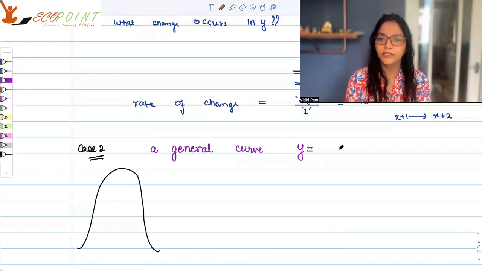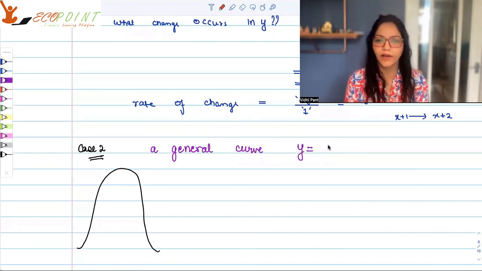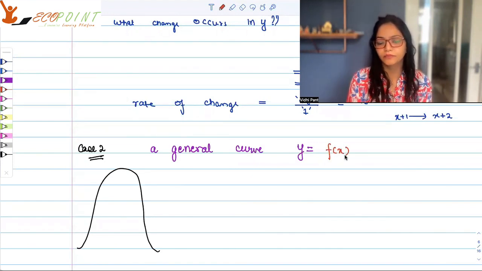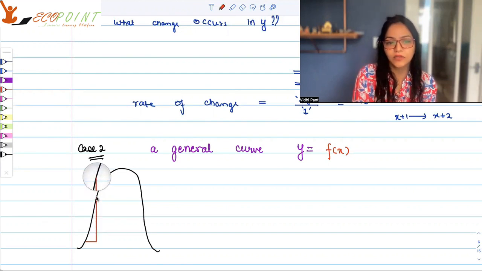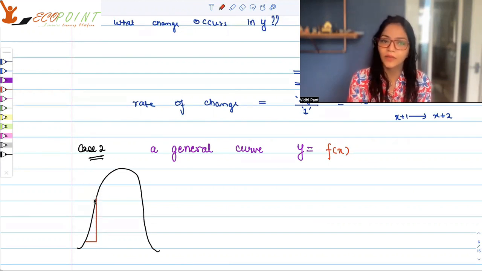Before I formally tell you everything, let's just look at it on the graph. So when I change 1 unit of x here, what's happening? That's the kind of change in y I get. So I would like to take another unit of x. So I'm going to increase x by another unit.